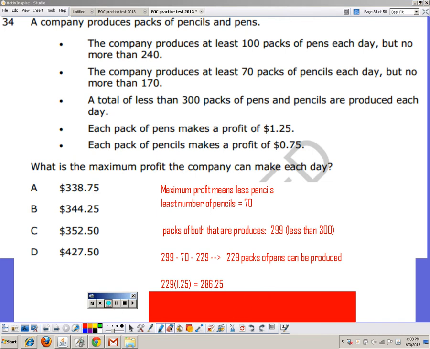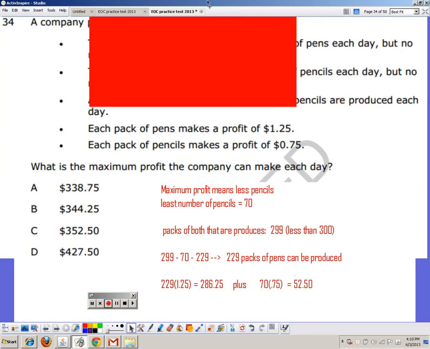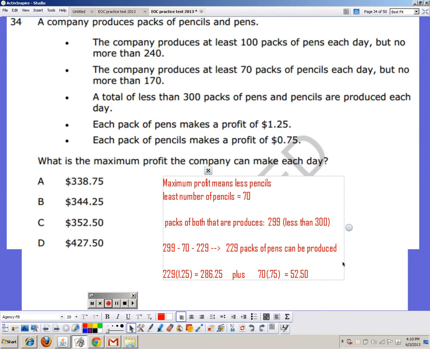286.25 for the pens, 70 times 0.75, which gives us 52.50 for the pencils. So we have to add our two profits up, one for the pencils and one for the pens.